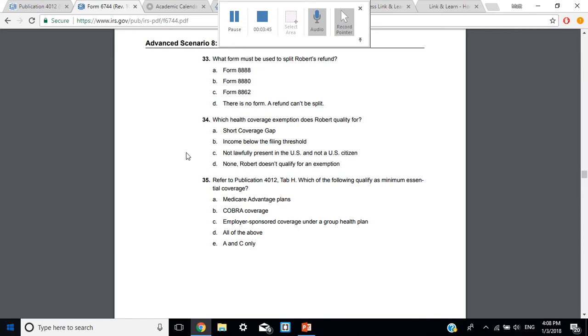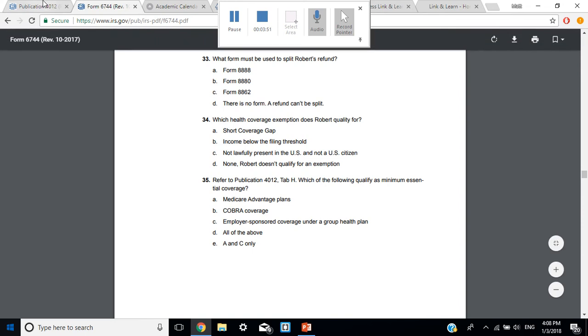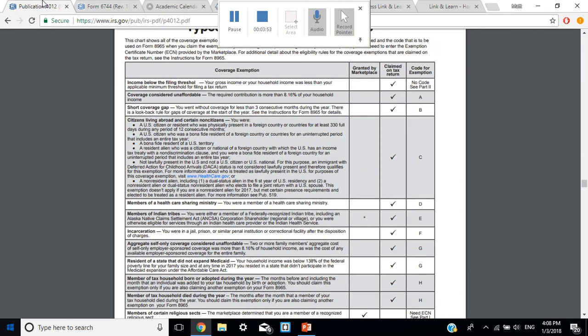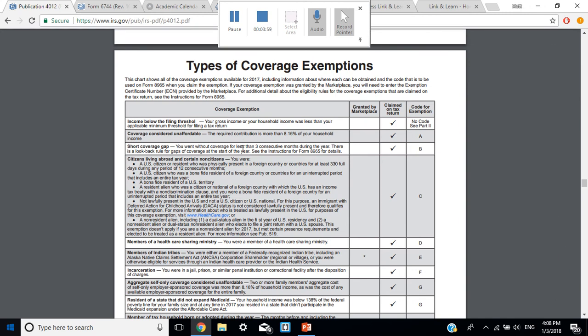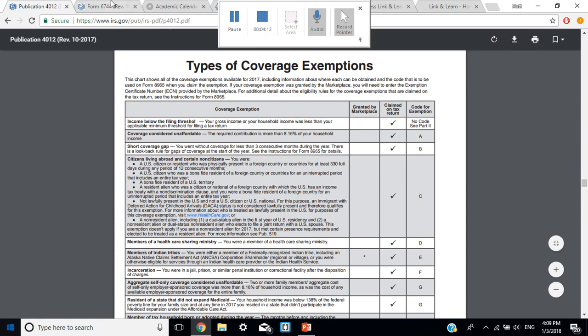Just a heads up, B, income below the filing threshold, is often used in our BYU VITA Lab, because some students that don't have health care also are making very, very little, in which case any type of coverage option is considered unaffordable to them. So you're able to apply for the income below filing threshold, and it's considered unaffordable, and life is good, and you get them out of paying the penalty.